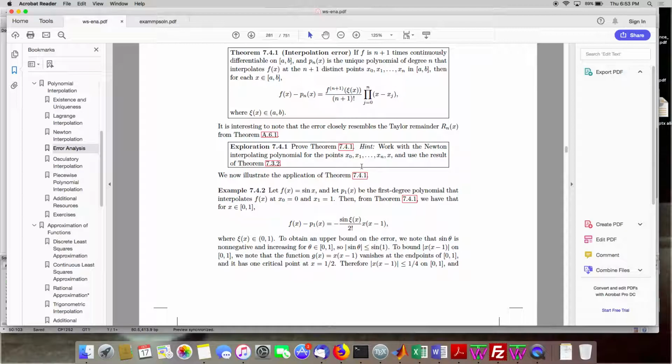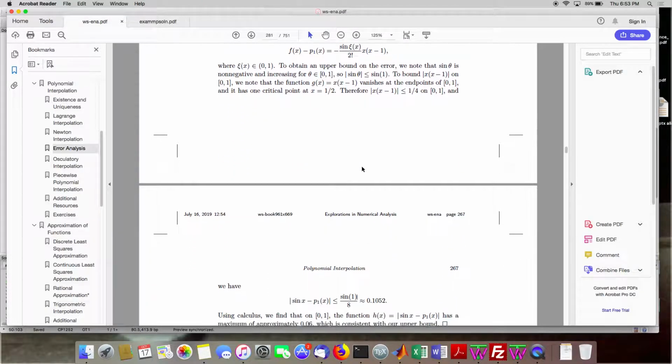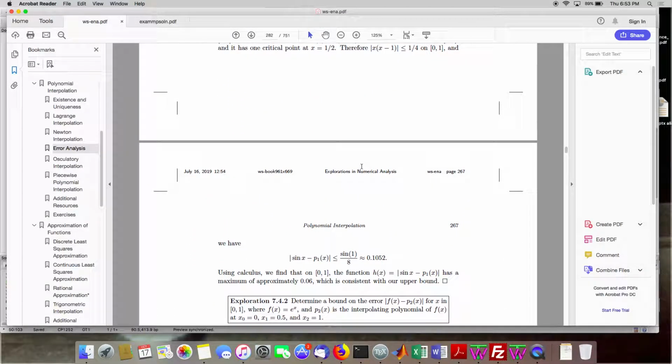Just because we're finding the maximum of anything, that inherently is a less than or equal to. But either way, what we're looking for is an upper bound, and we have that.